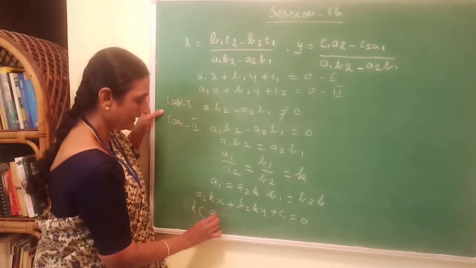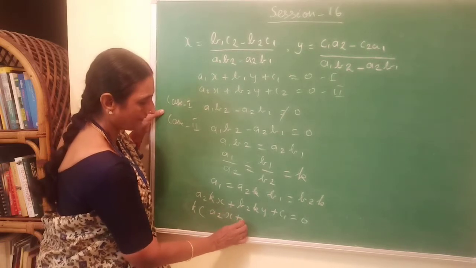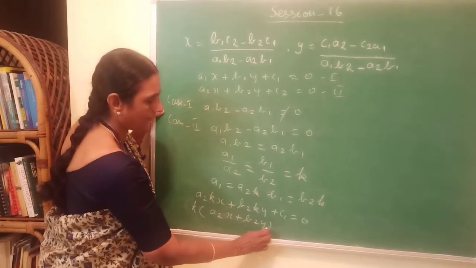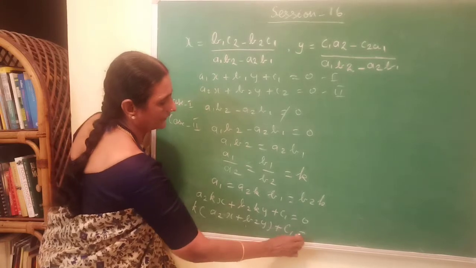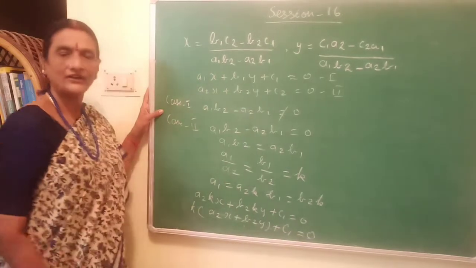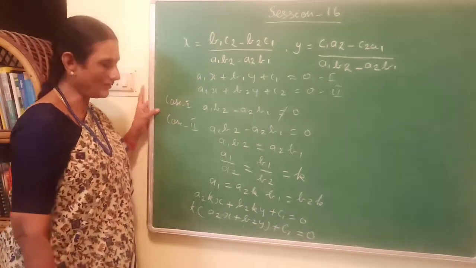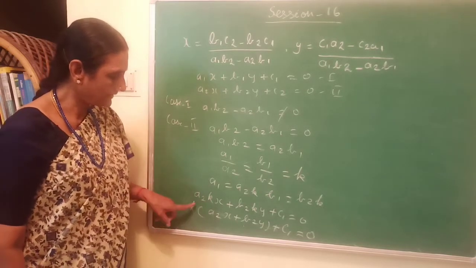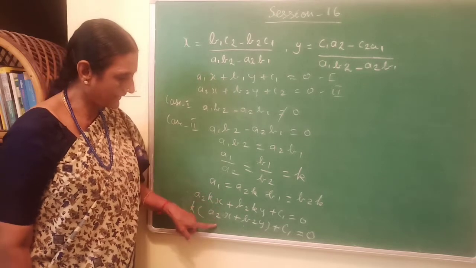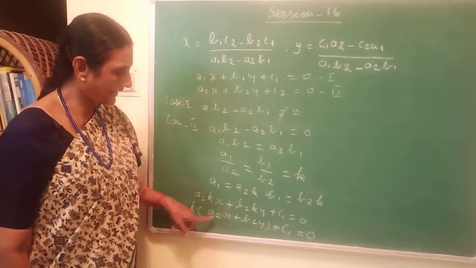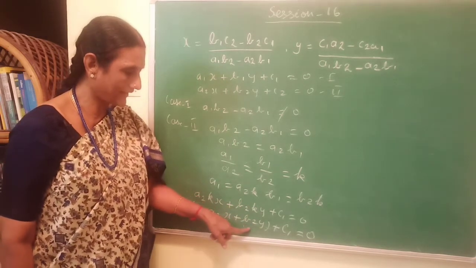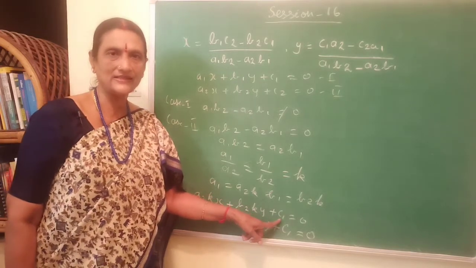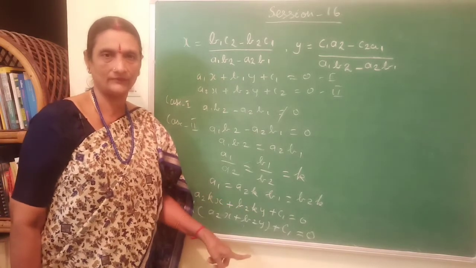I will get A2x plus B2y plus C1 equal to 0. Are you understanding? Yes or no? So what did I do here? I took that k out and wrote here A2x, and took this k out, therefore B2y I have got, and the third term is C1 equal to 0. Correct?